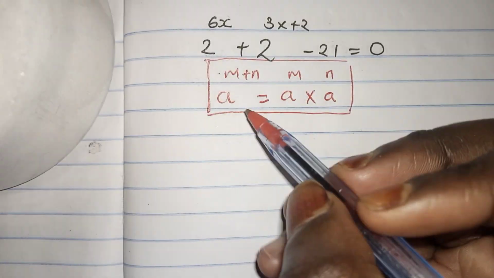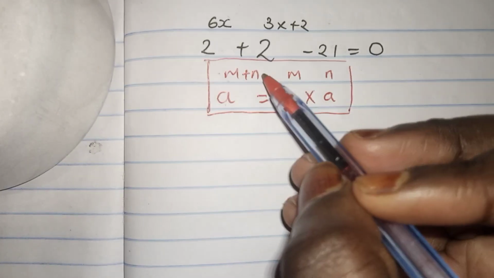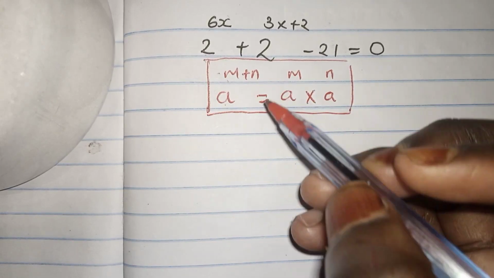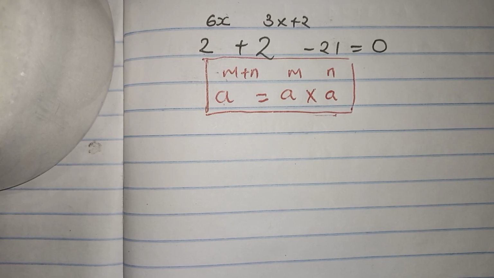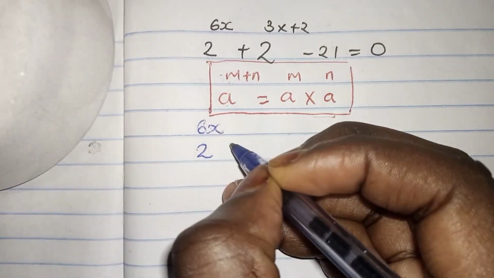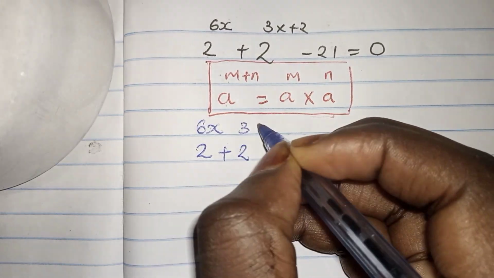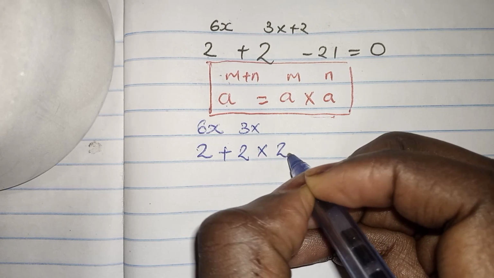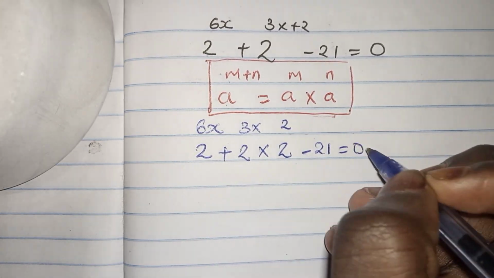Our 2 here is our a, 3x is our m, plus 2 here is our n. And I want us to break it and write it in this form. So this will be 2 to the power of 6x plus 2 to the power of 3x times 2 to the power of 2 minus 21 is equal to 0.